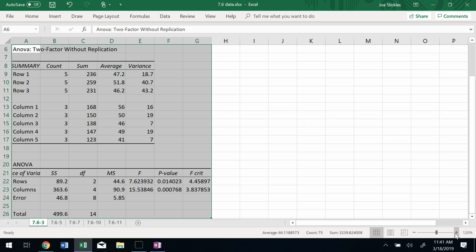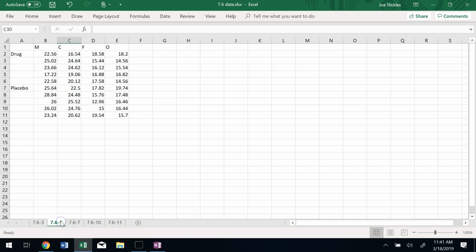So, in this particular case, it said assume that there is no interaction. So, if we wanted to go to another problem, look at 7.6-5. In 7.6-5, the context is that a psychology student was testing food consumption by rats, whether or not it would be affected by a particular drug.